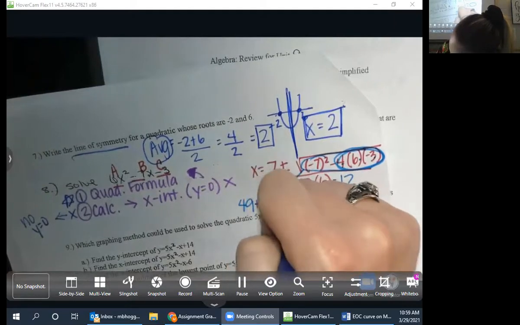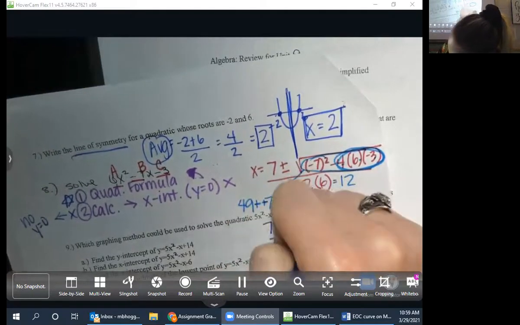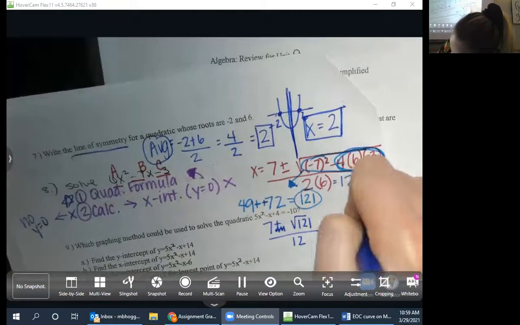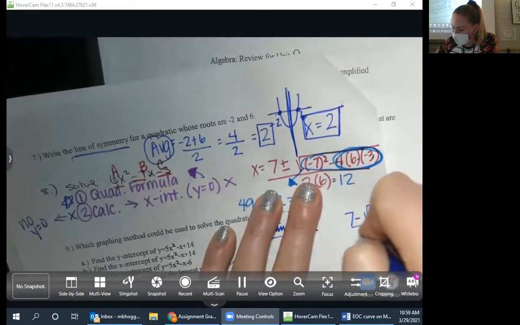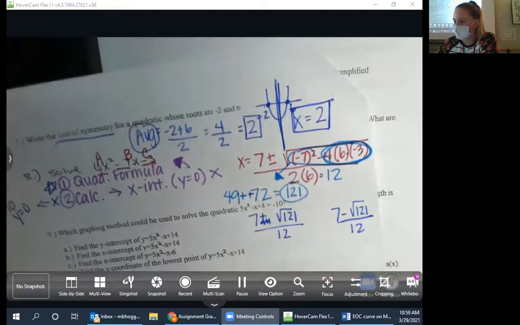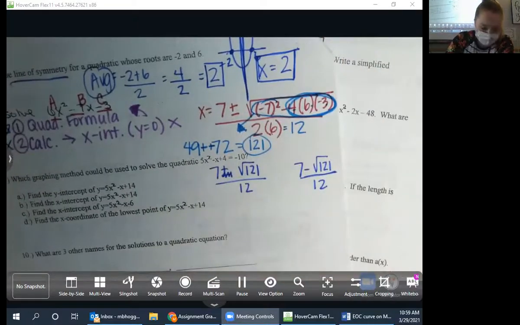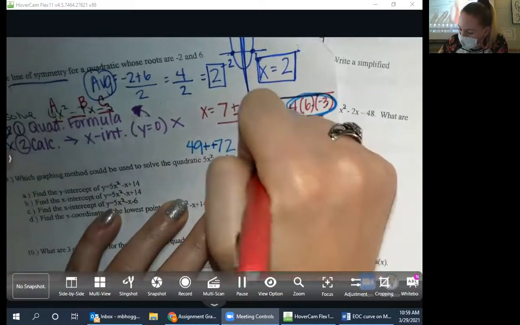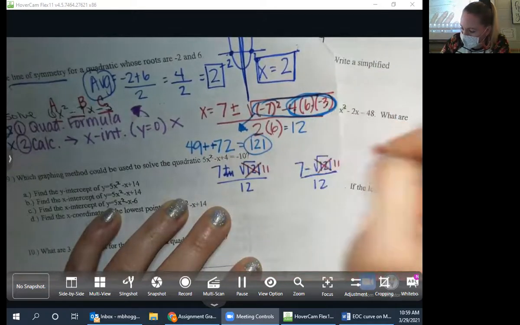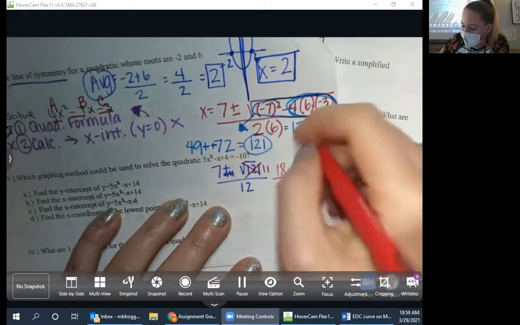7 plus the square root of 121 over 12, and 7 minus the square root of 121 over 12. What's the square root of 121? Yep, it's 11. So 7 plus 11 is 18 divided by 12.